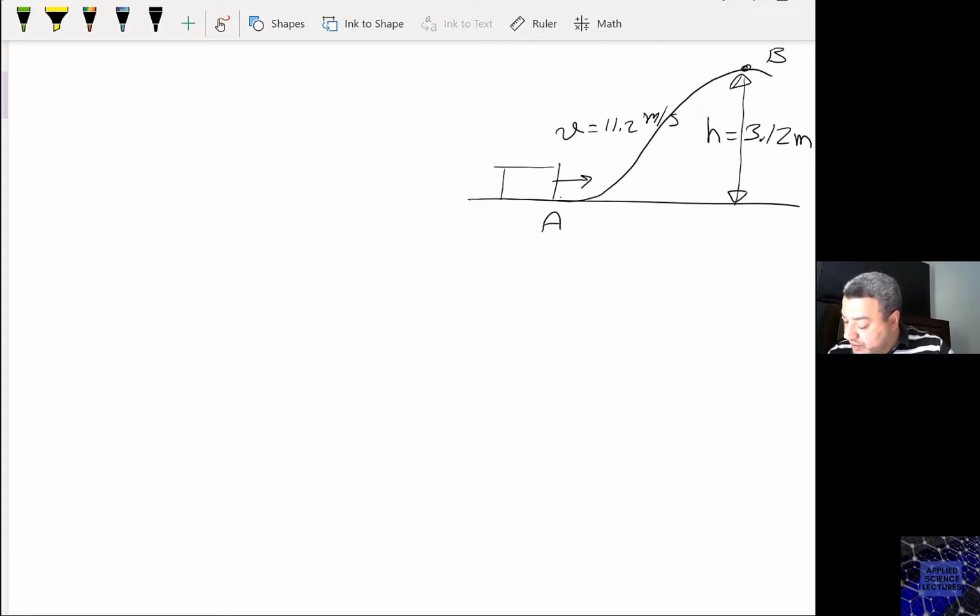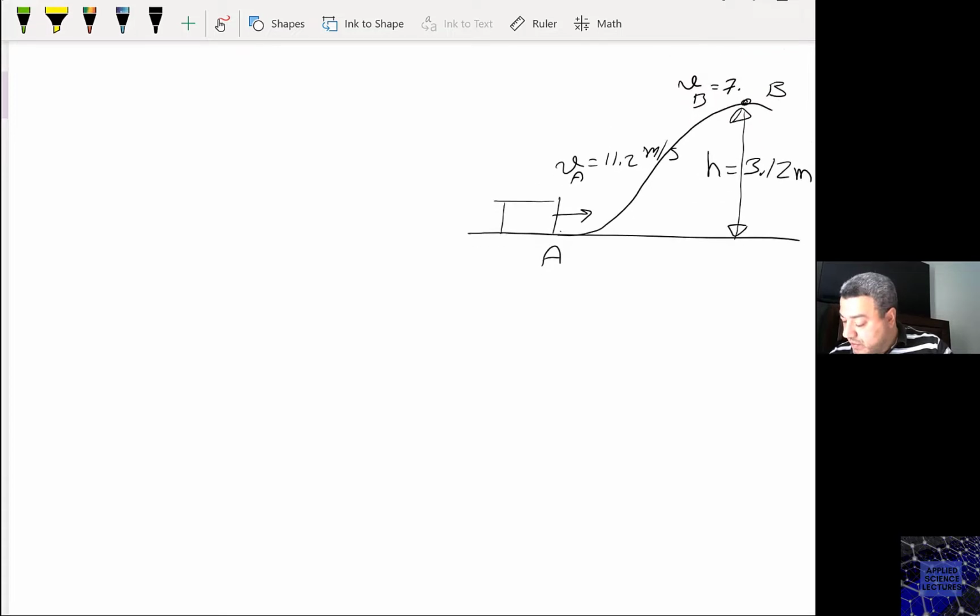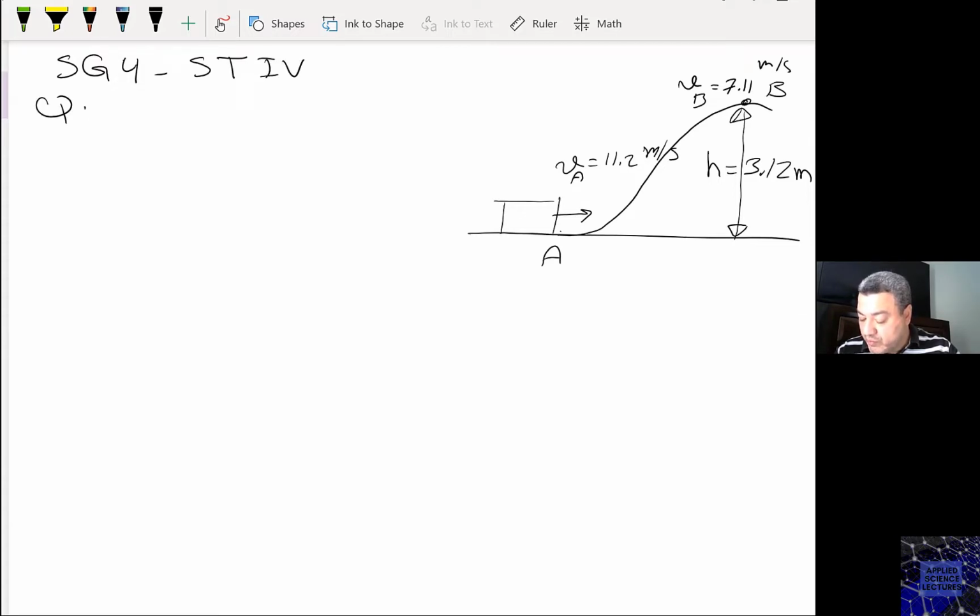So the velocity here, if I call this one point A, point B, 7.11 meters per second.